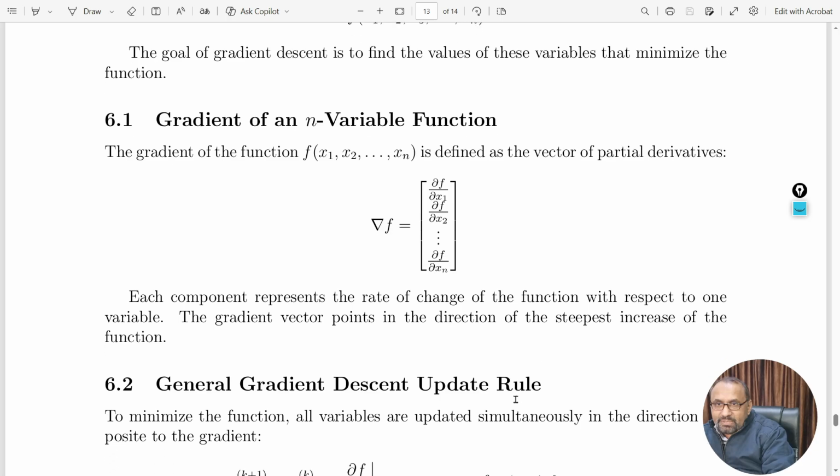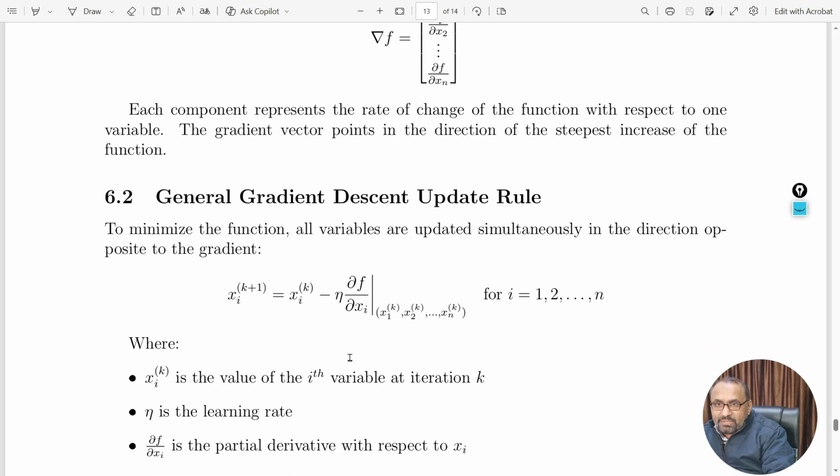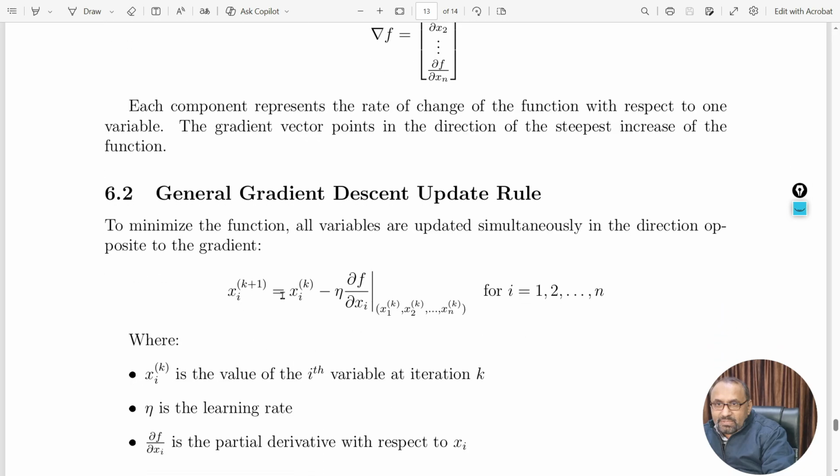General gradient descent update rule is here. You can see x_i^(k+1) is equal to x_i^(k) minus eta times partial f upon partial x_i. Okay, and we will take the derivatives for iterations 1k, 2k, 3k, and so on, where i is equal to 1, 2, 3 up to n.